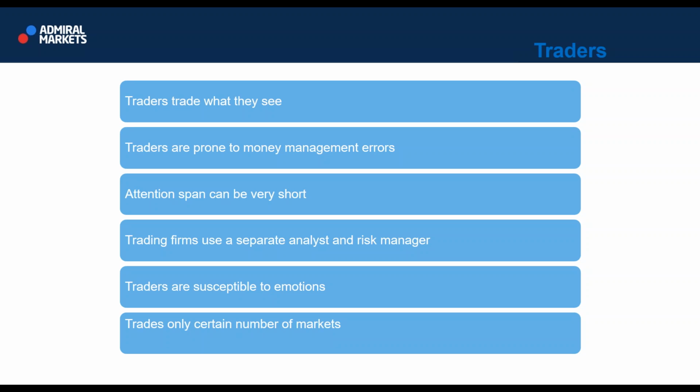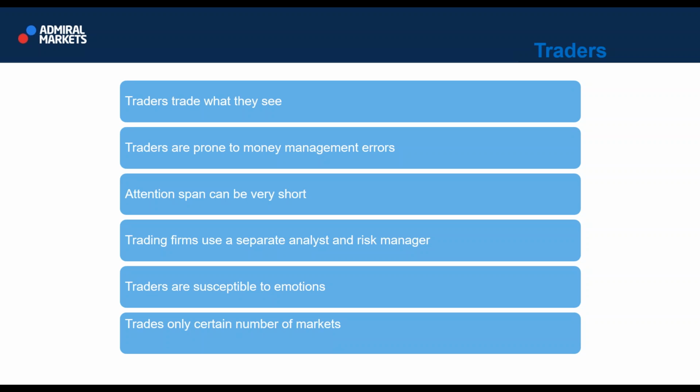Trading firms and companies use a separate analyst and risk manager. So usually in a trading firm, you will see a trader or a couple of traders. It's called a trading team. You will see a risk team, risk management, and a separate analyst. Analysts provide the trading team with their own views.